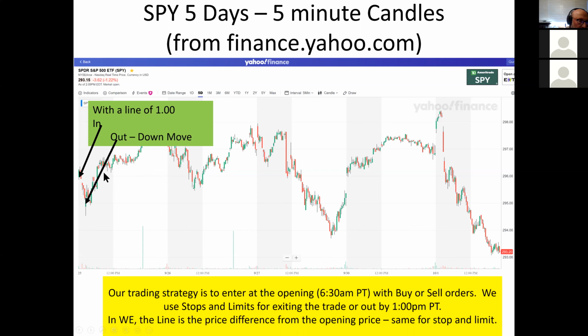So notice here, it was in here. The market went down, and it went down more than 1 point, 296, 295. So here it was pretty close to 296, and it went well below 295. So we got in here and out there, and that was a down move.